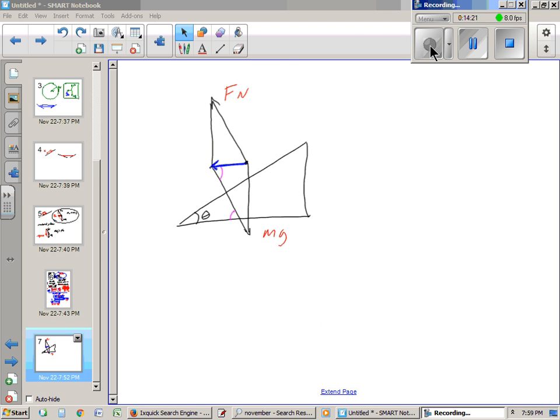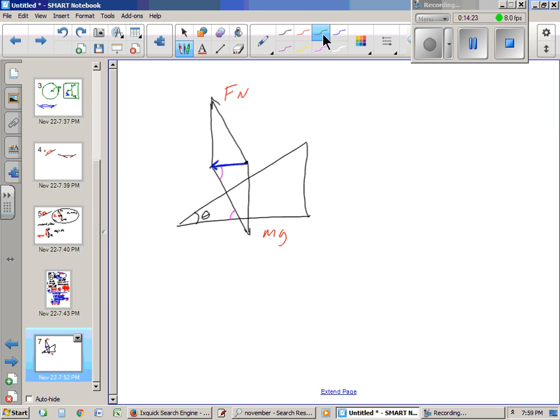You might remember a while ago I said that this angle up here is equal to the angle of the hill. How does that work? Well, what we have here are two parallel lines, and these two angles, of course, from geometry, are equal.